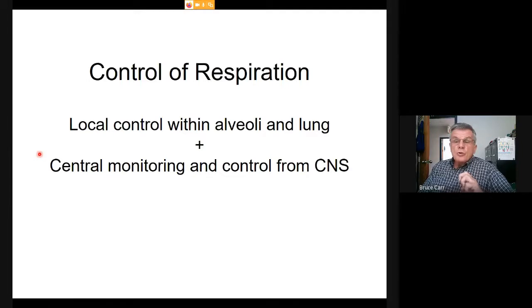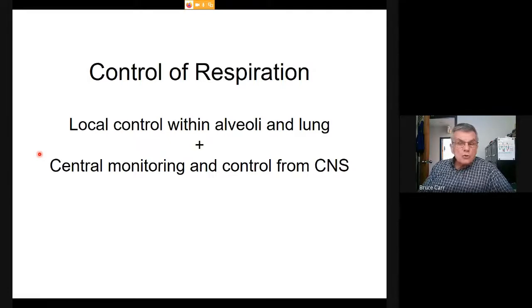Oxygen and CO2 are sensed, and since oxygen supply to all my tissues is abundant right now, and CO2 is relatively low, my breathing rate is very low.